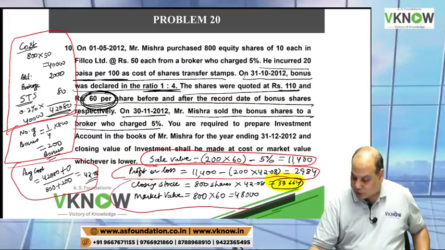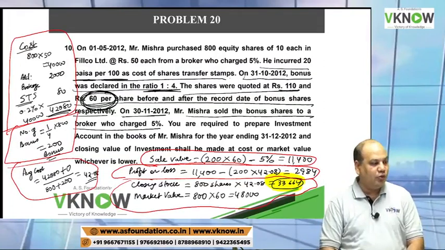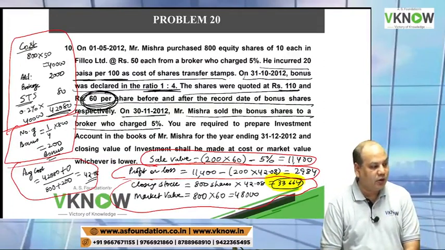And the sixth working note is closing stock value, closing investment value. If you look at your answer sheet also, they have done the same thing. They have prepared the investment account and all these working notes below.